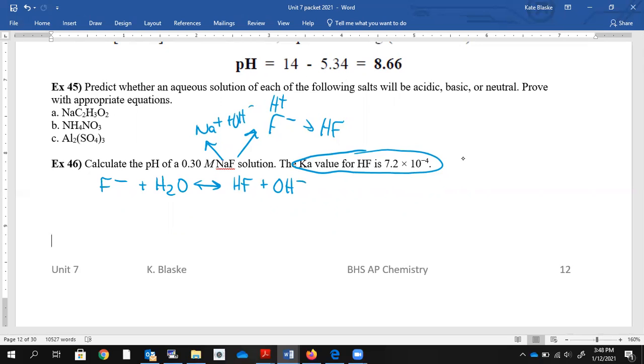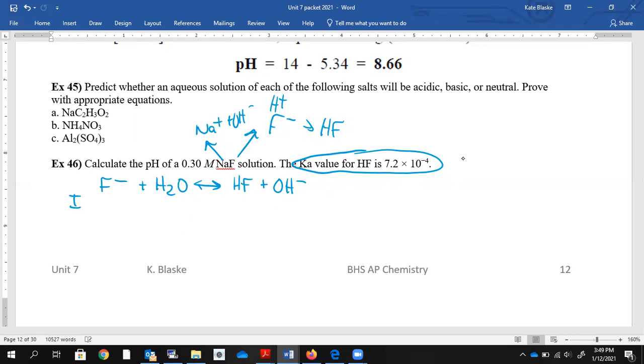Now, to be able to calculate the pH, I need the H plus concentration. I don't have an H plus concentration. I have an OH in my solution, but I know because of all those pH and Kw equations that I can rearrange any of those numbers to be what I need them to be. So let's start off here.